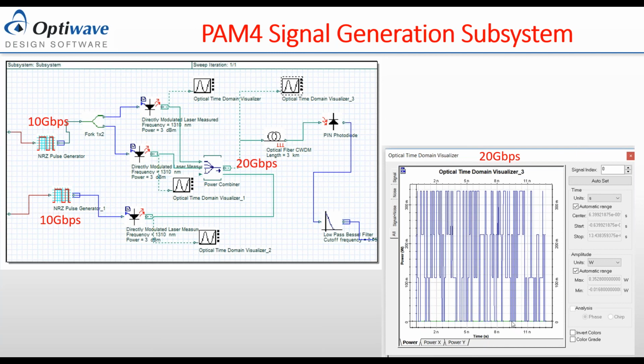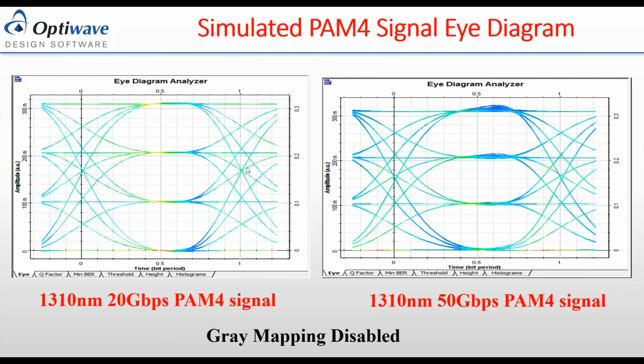The level 0, 0, and then 0, 1, and 1, 0, and 1, 1. These are the eye diagrams which we showed you before at 20 gigabit per second and 50 gigabit per second, generated using this kind of novel scheme of generating PAM signals.